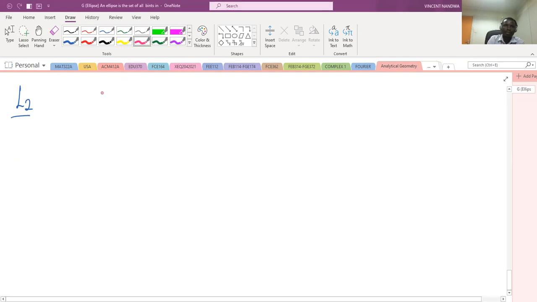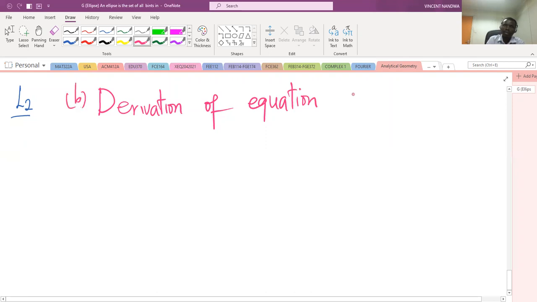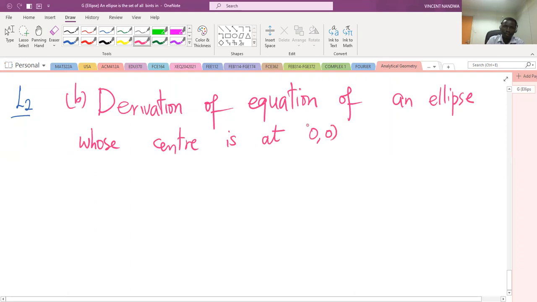Derivation of the equation of an ellipse whose center is at the origin, major axis along the y-axis.